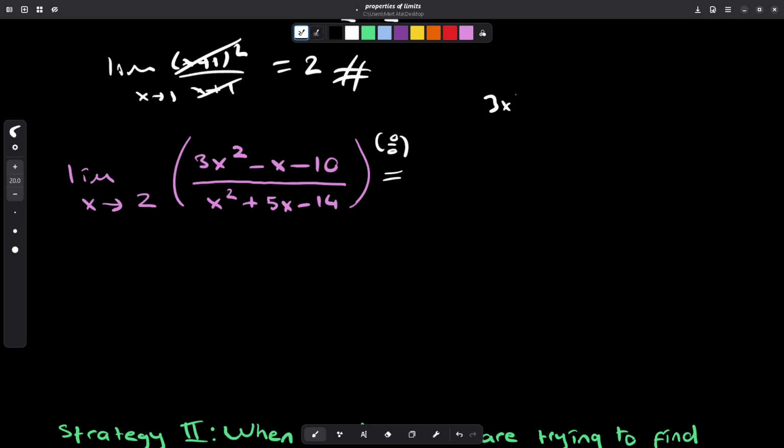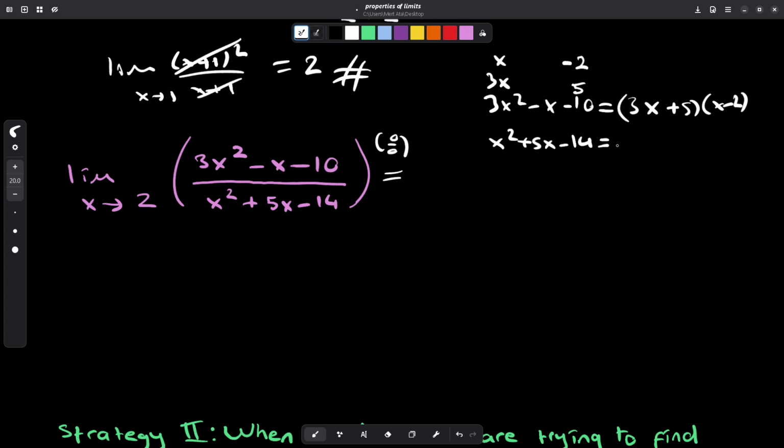Instead of 3x squared minus x minus 10, I can write 3x, x, 5, and minus 2. So instead of 3x squared minus x minus 10, I will write 3x plus 5 multiplied by x minus 2. And instead of x squared plus 5x minus 14, I will write x minus 2 multiplied by x plus 7.